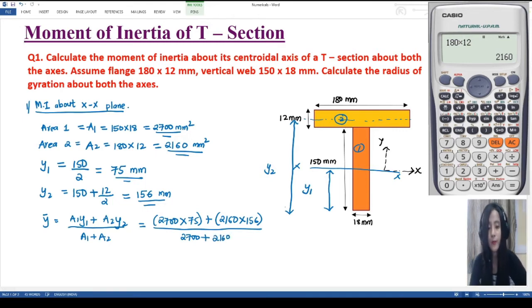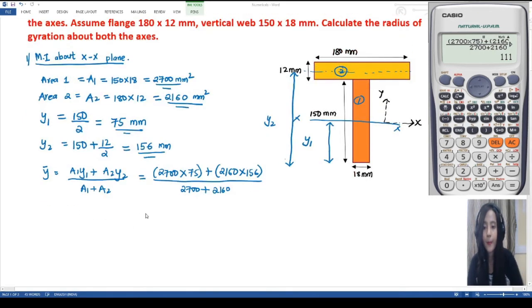So let us see how much we get. It is coming equal to 111 mm. So I found my distance y bar also.